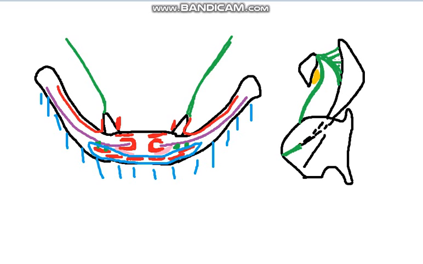So the hyoepiglottic ligament is attached to the epiglottis from the upper border of the hyoid bone, and the thyrohyoid ligament or the thyrohyoid membrane is attached over here.